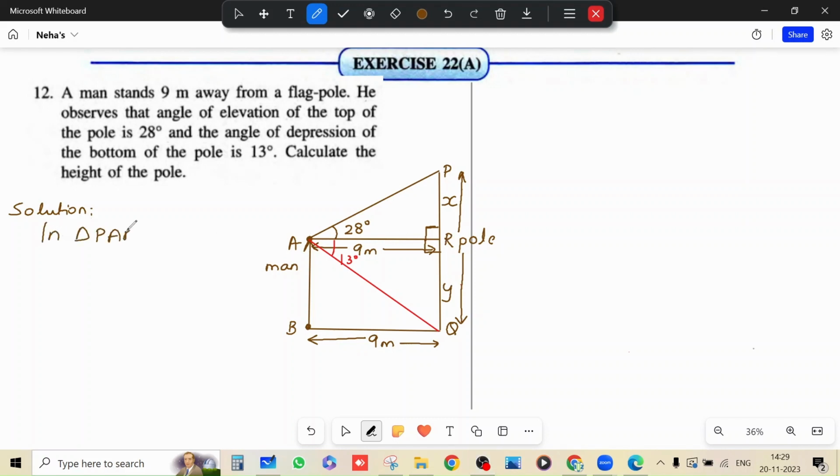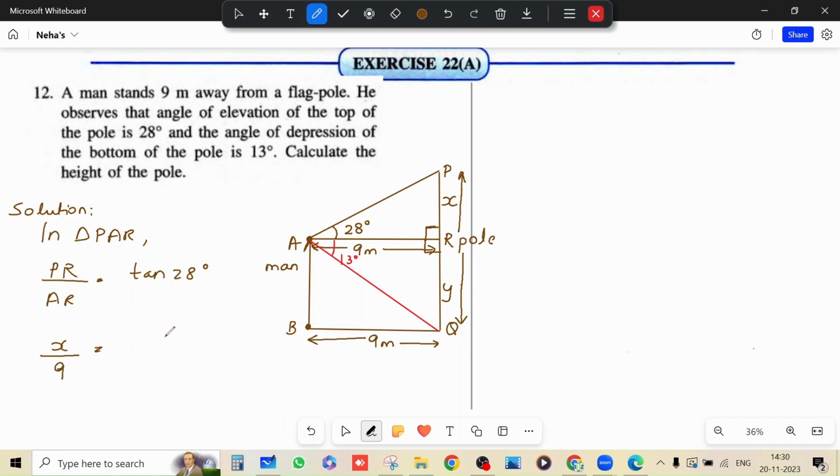So in triangle PAR, PR upon AR will be equal to tan 28 degrees. We have assumed PR is equal to X and the value of AR is given as 9.